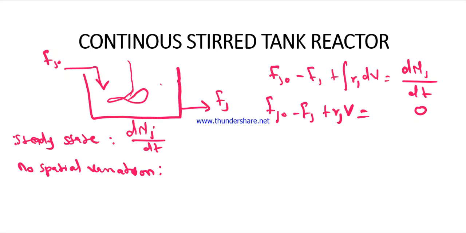So as a result, we have the equation rearranged like this: V = (Fj0 - Fj) / (-rj). This is an equation whereby you can determine the volume of the reactor necessary to reduce the flow rate of species J from Fj0 to Fj within the reactor system.